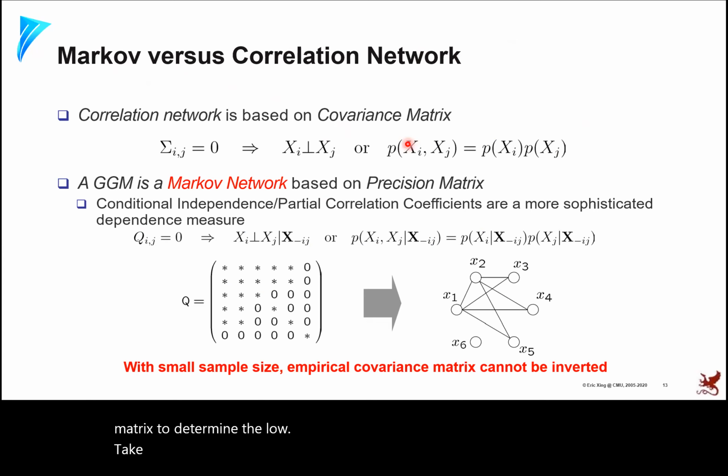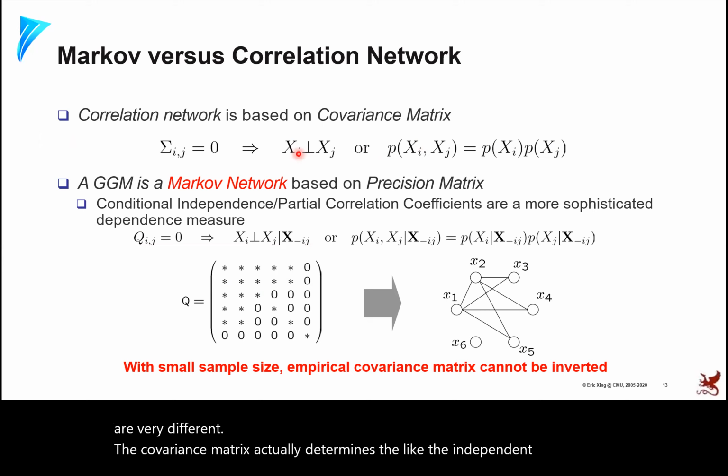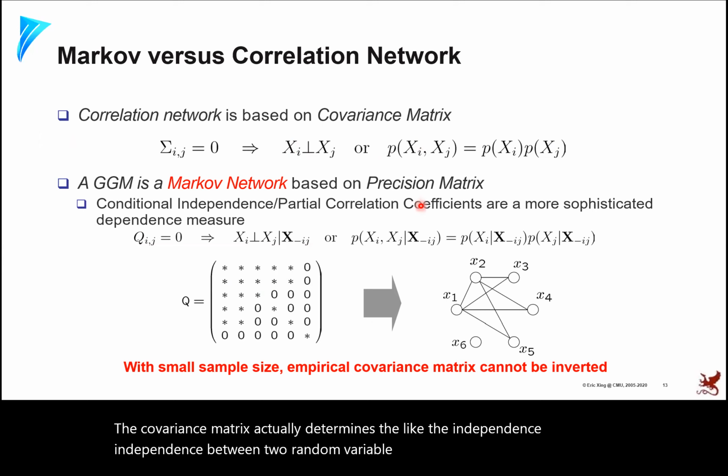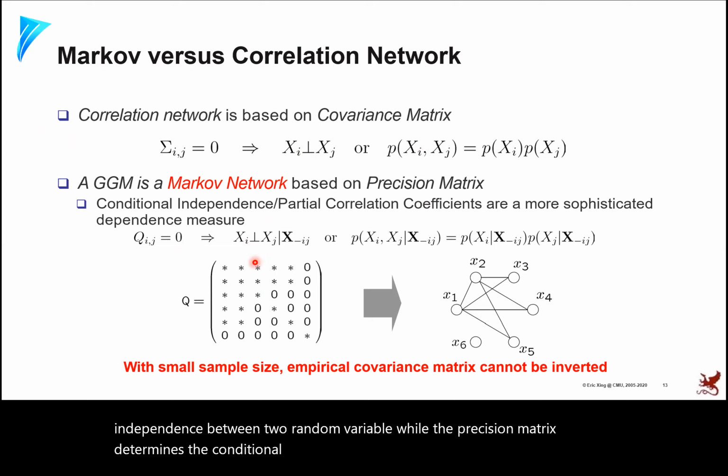But these two are obviously very different. The covariance matrix determines the independence between two random variables, while the precision matrix determines the conditional independence, which is the foundation of the Markov random field.